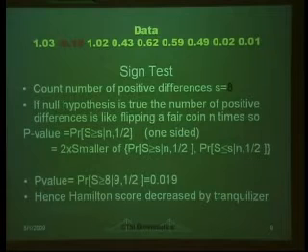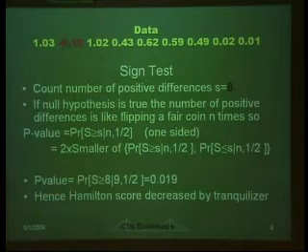So from this simple number we can compute the probability of seeing as many positive differences as we saw or more, if we're looking at a one-sided alternative hypothesis, or twice that value if we have a two-sided alternative hypothesis. We can look that up in a table, and this number turns out to be 0.019.